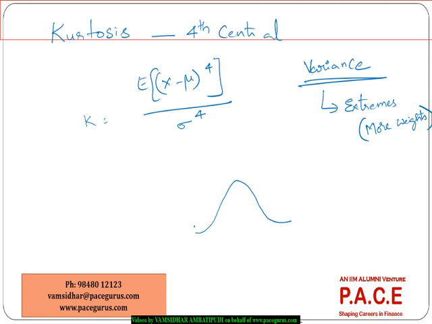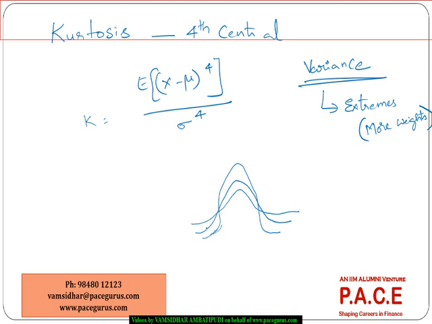And as a representation, if this is the typical normal curve, and the kurtosis is much higher, the graph looks more like this. The tails are going to be much heavier. And if the kurtosis is much lower, then we could typically see that the tail is going to be much shorter.